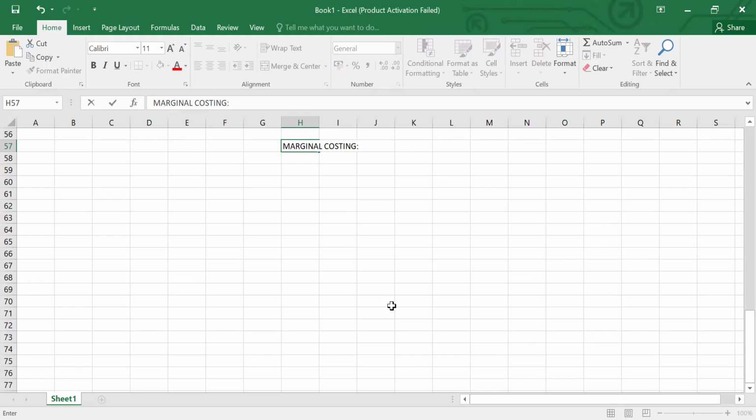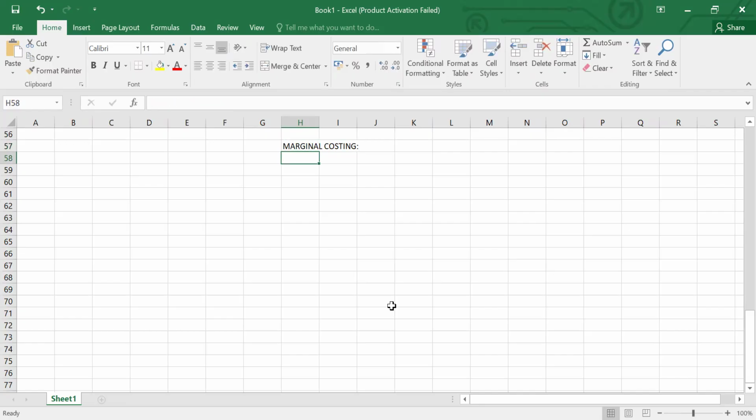Remember that marginal and absorption costing is the same chapter that was discussed back in MA1 and MA2, so there is nothing new in this chapter. The same formulas and the same explanation will be here as well. I'm going to explain marginal costing today, and tomorrow we will work on absorption costing and the profit reconciliation formula, and we will also start the new chapter.